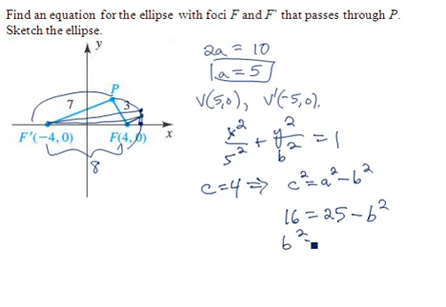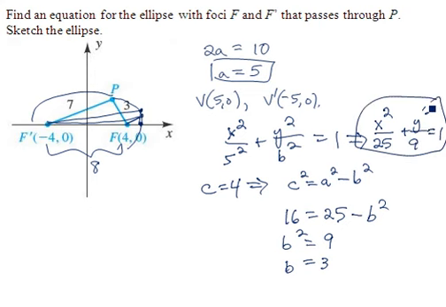And so b squared is equal to 25 minus 16, which is 9. So b is equal to 3, and that implies then that our ellipse's equation is x squared over 25 plus y squared over 9 equals 1. That would answer the question without doing any other thinking.